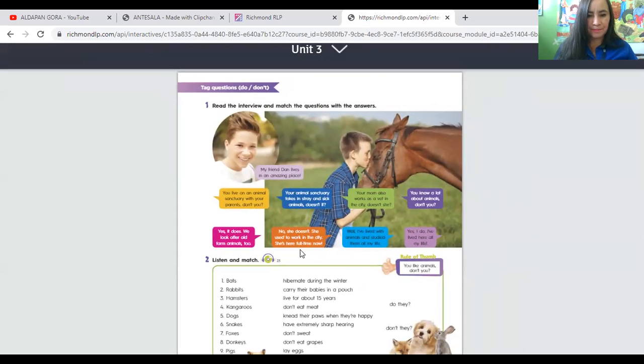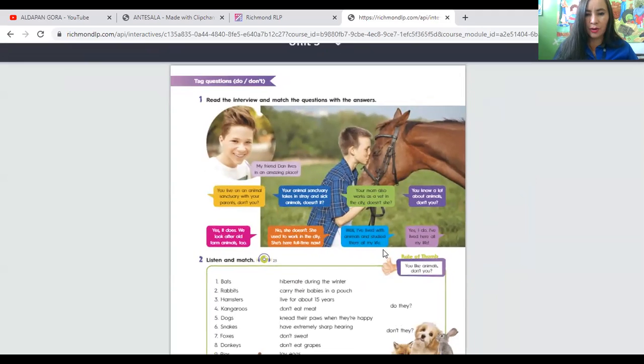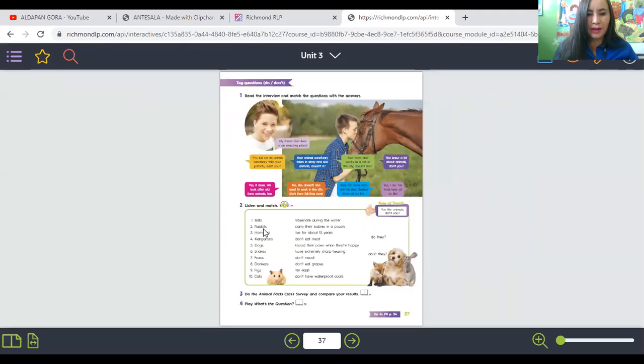Let me see. According to this, what is the first animal we have here? What's this? Number one?